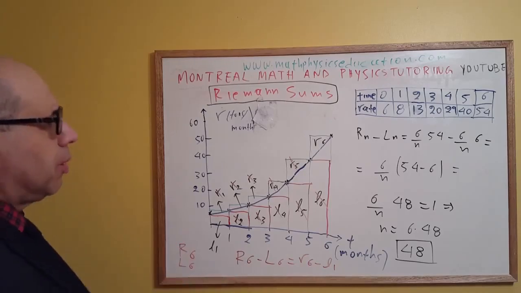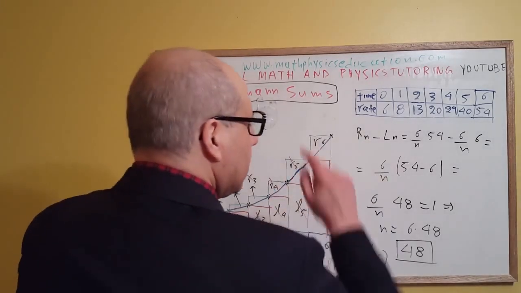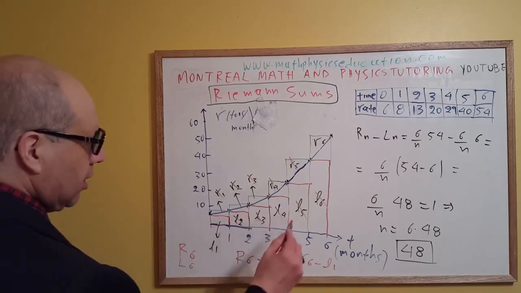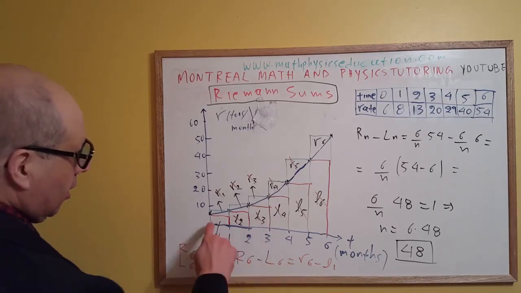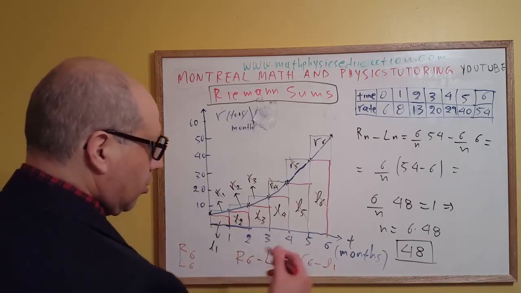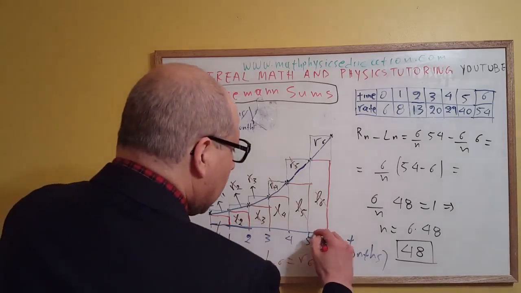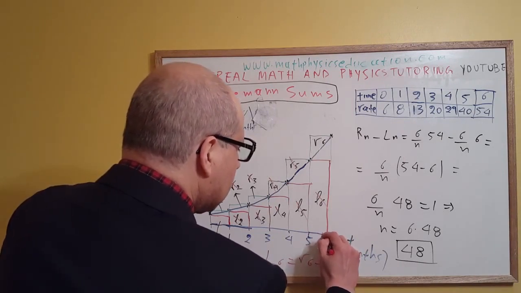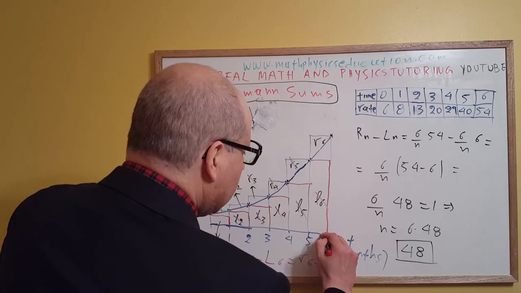Now, since we are trying to find this n here, let's assume that you split this interval from 0 to 6 into n intervals.